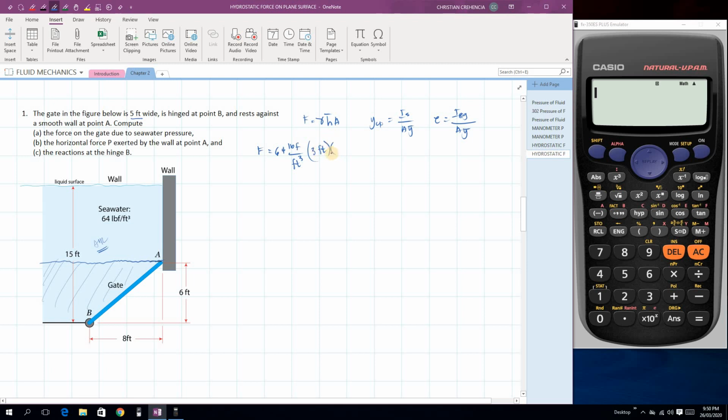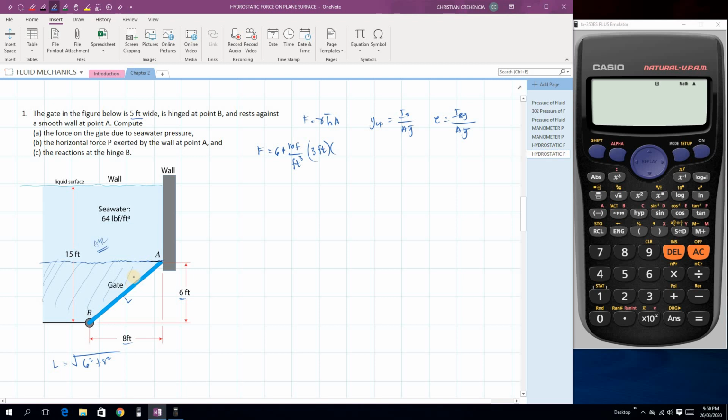Then, area natin is pwede naman tayo mag-Pythagorean theorem. So, yung length ng gate natin is the square root of 6 squared plus 8 squared. Pero kung familiar naman tayo dun sa right triangle naman to, no? So, sa 3, 4, 5 is yung common. Okay. So, parang ito yung 3. So, 6 over 2 is 3. 8 over 2 is 4.